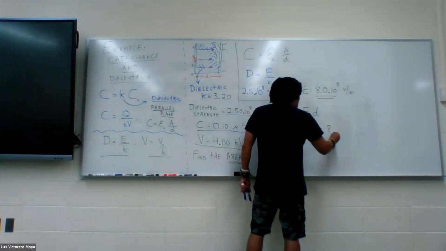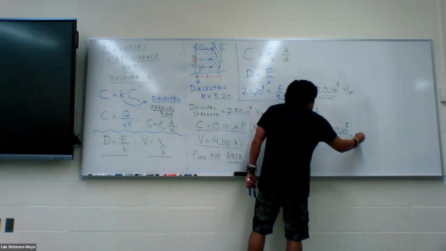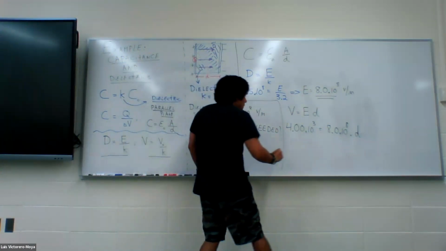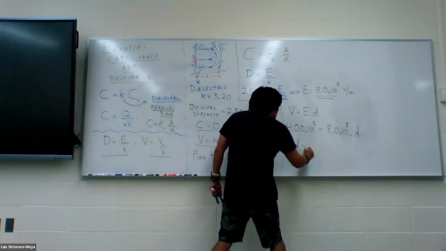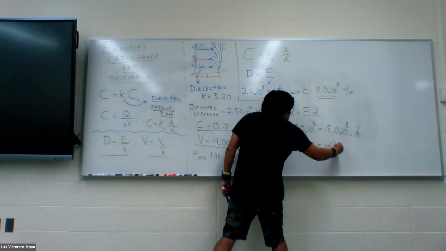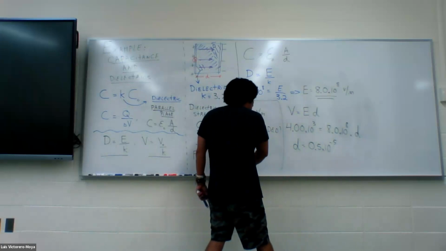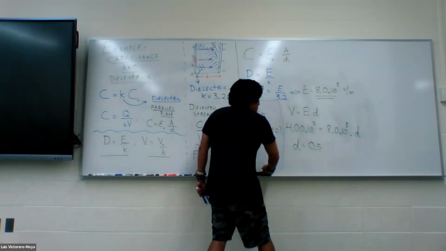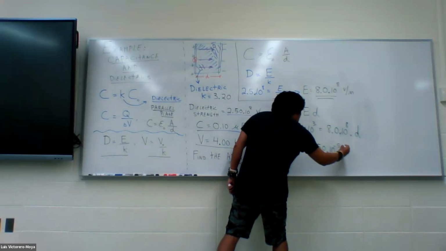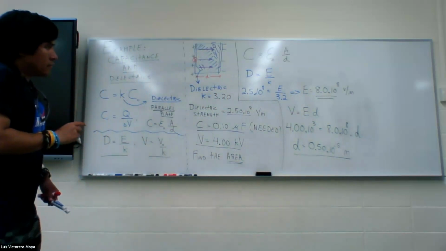That's 8 times 10 to the 8 times the distance. Now, if I do the math here, distance is 0.50 times 10 to the negative 5 meters. That's the distance between the plates.